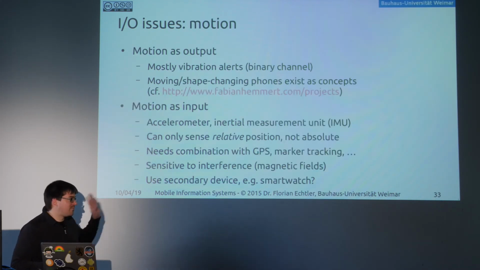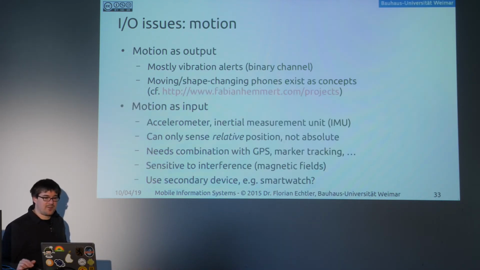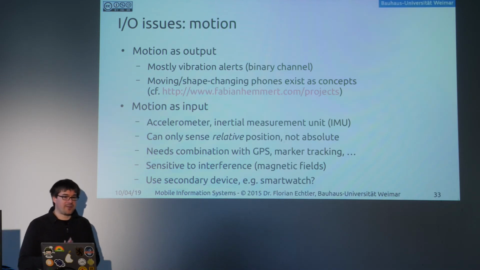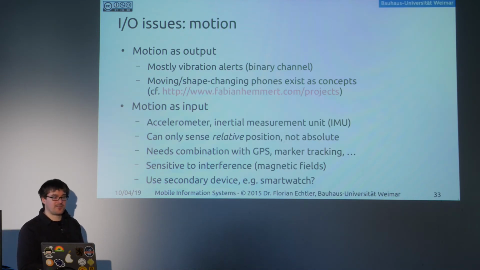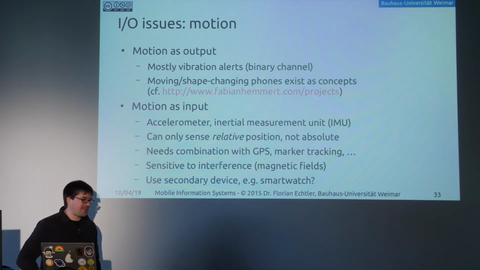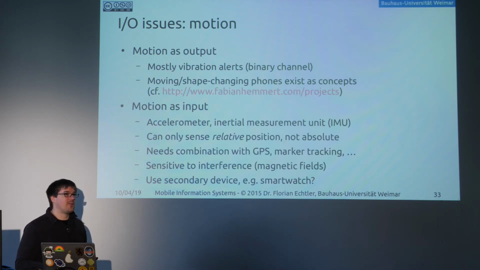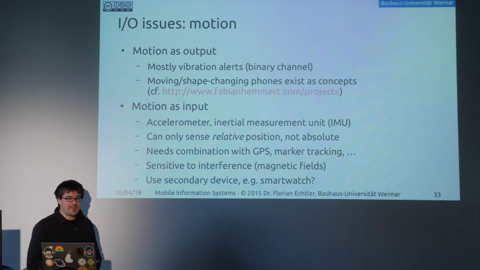We have, just as a brief summary, what other I/O channels do we have? We also have motion, of course. Motion as an output is kind of an uncommon concept. The only thing a regular phone can do as output in terms of motion is vibration.